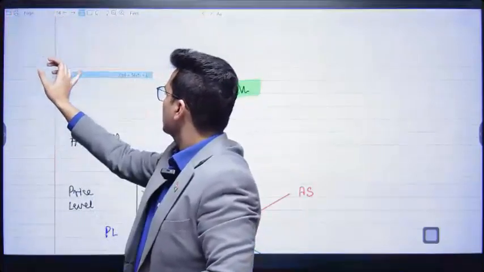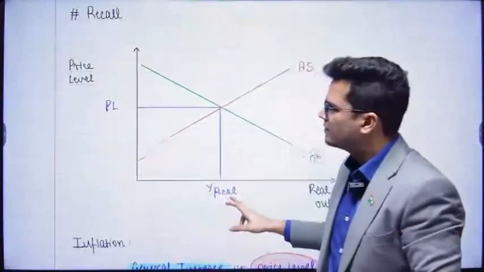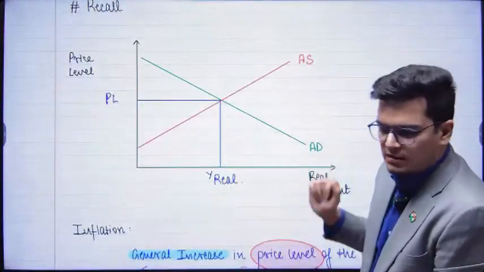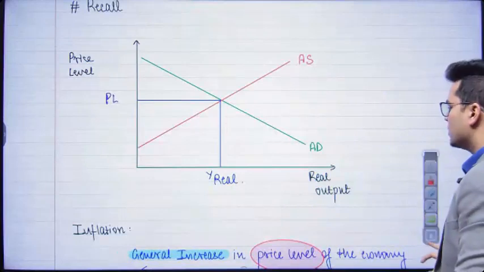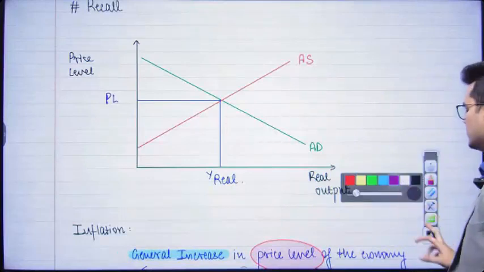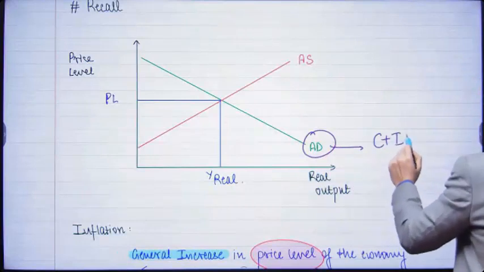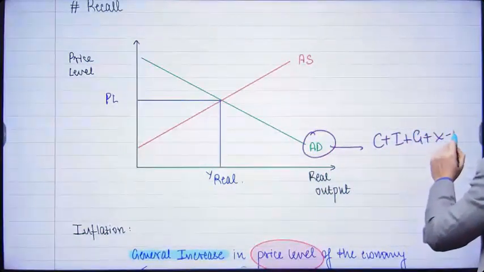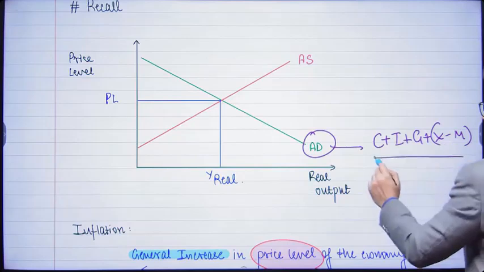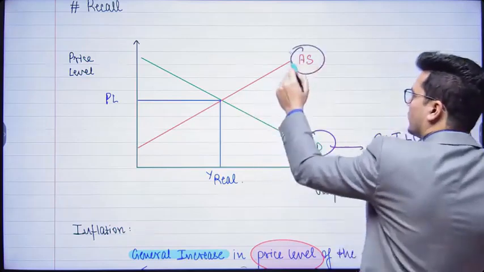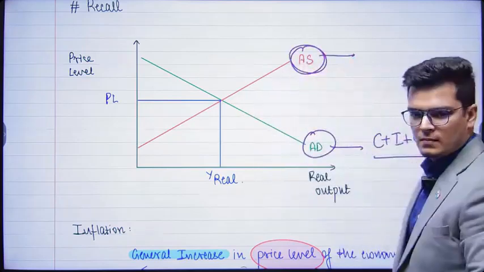Do you remember this graph? We have made this graph earlier also, that there is an aggregate demand. Aggregate demand is denoted by C plus I plus G plus X minus M. Do you remember this graph of aggregate supply? Right?